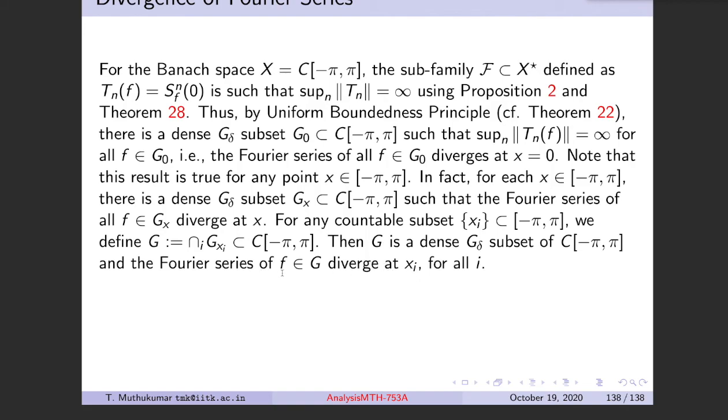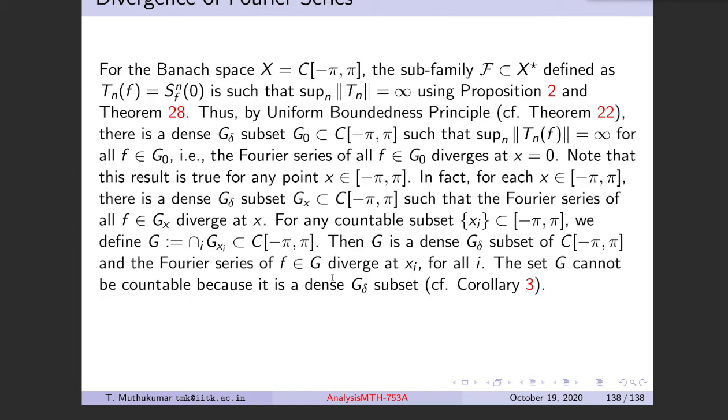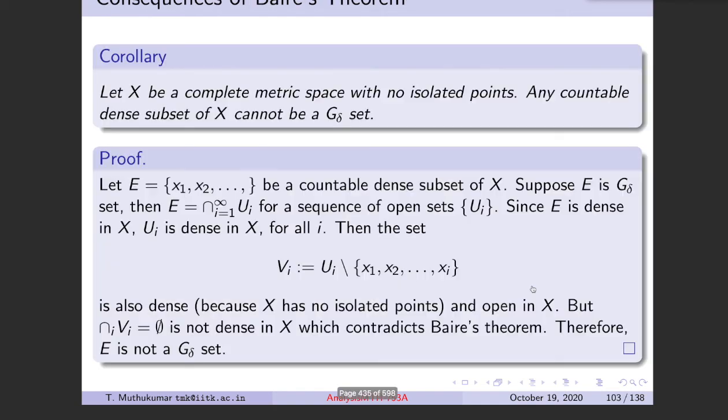So for all f in G and for all xi that you have chosen, which is a countable collection, the Fourier series will diverge. Now this set G cannot be a countable set. When we proved the Baire category theorem, we had shown that a countable dense subset of a complete metric space with no isolated points cannot be a G delta set.